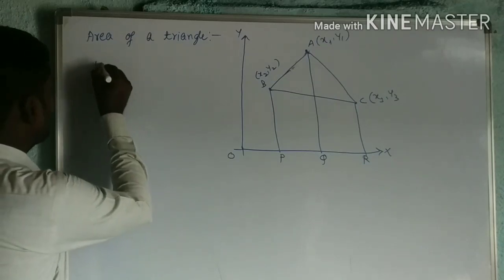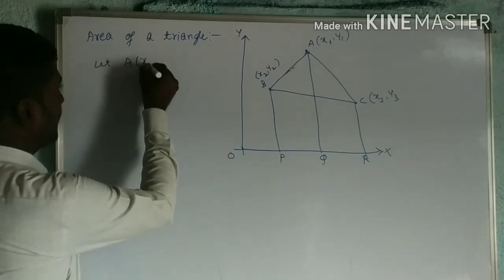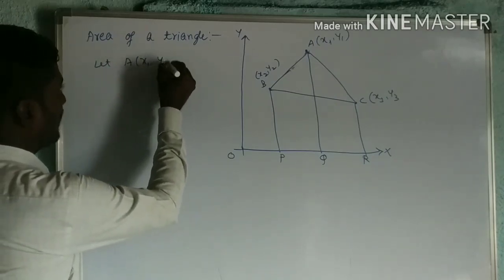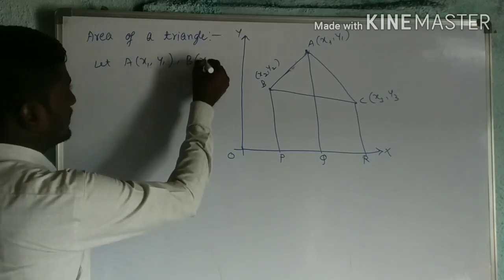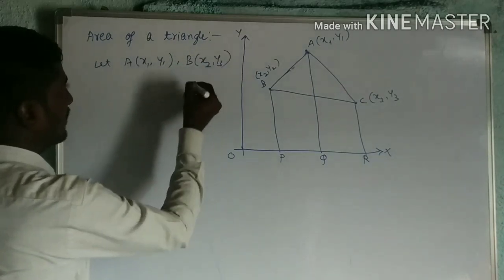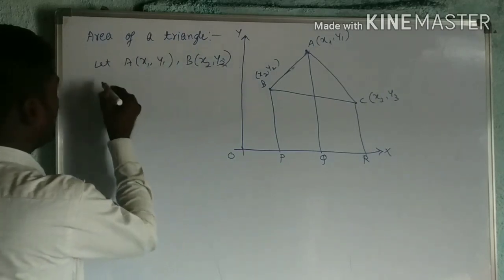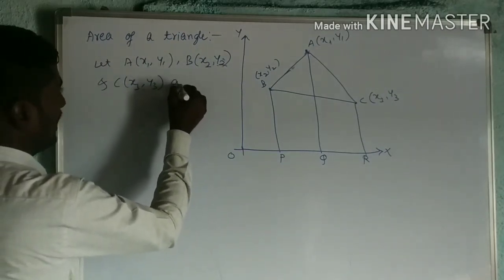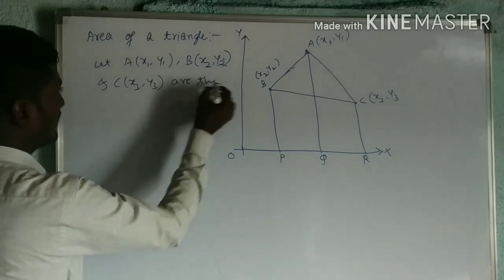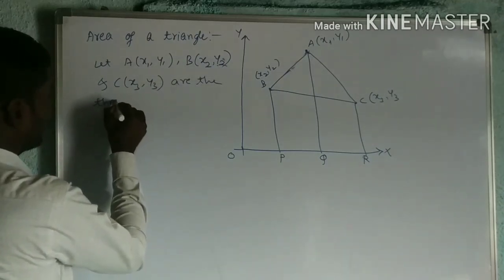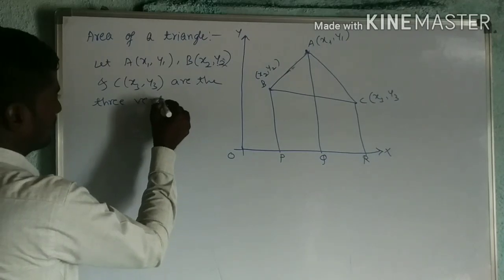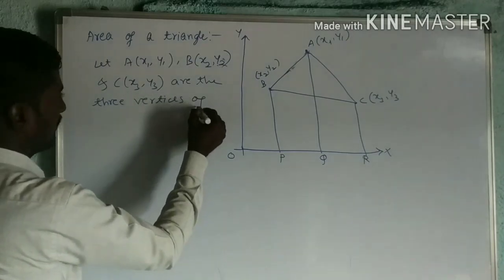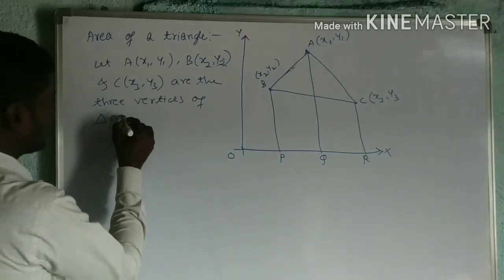Let A (x1, y1), B (x2, y2) and C (x3, y3) be the three vertices of triangle ABC.